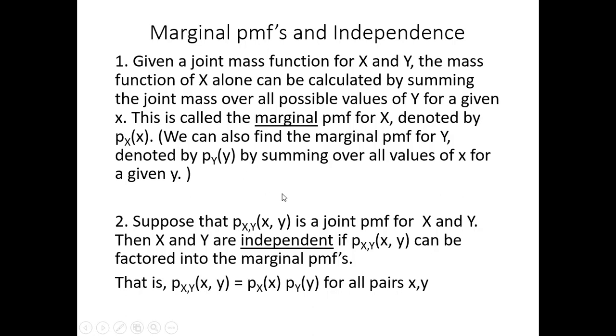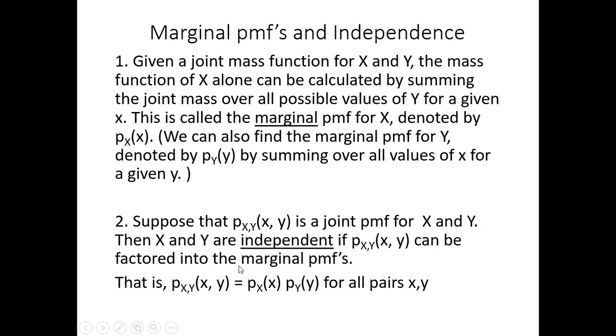All right, another related concept here is, let's suppose we have a joint PMF for x and y. Then we could define x and y as being independent if the joint PMF can be factored into the marginal PMFs, just like this. Okay.